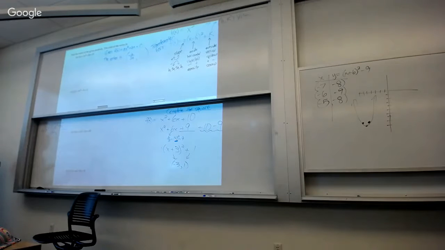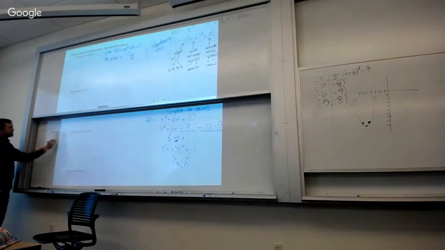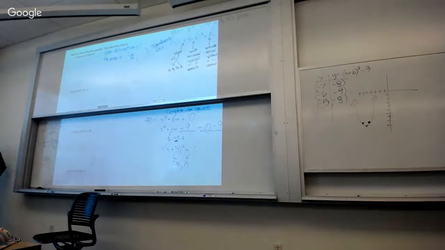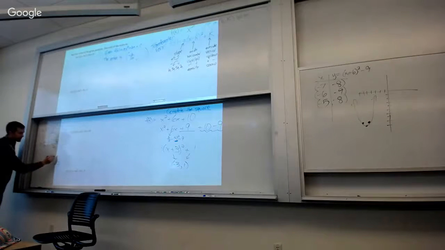In fact, it's negative b over 2a plus or minus the square root of b squared minus 4ac all over 2a. So the very first term of the quadratic formula is the vertex x-coordinate of the parabola that you're graphing. Every vertex of every parabola takes place at the x-coordinate negative b over 2a.